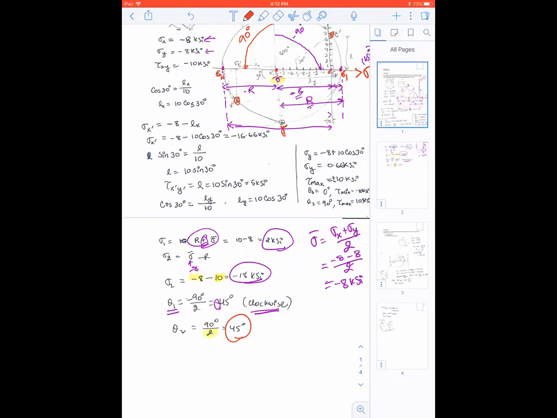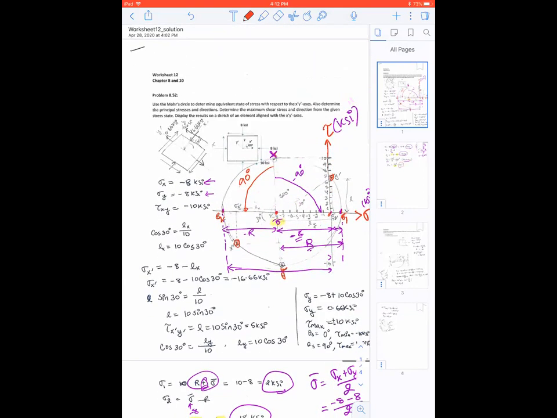Okay, so we looked at how to get principal stresses and directions from your Mohr's circle. Now we're going to look at how to get the maximum shear stress and direction from the given state of stress. The given state of stress is your XY faces. So maximum shear stress is actually the radius of your Mohr's circle.